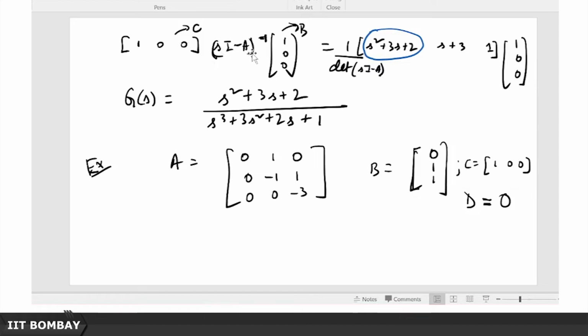But if you add rational functions, and each of those functions has a common denominator, let's explain this a bit.